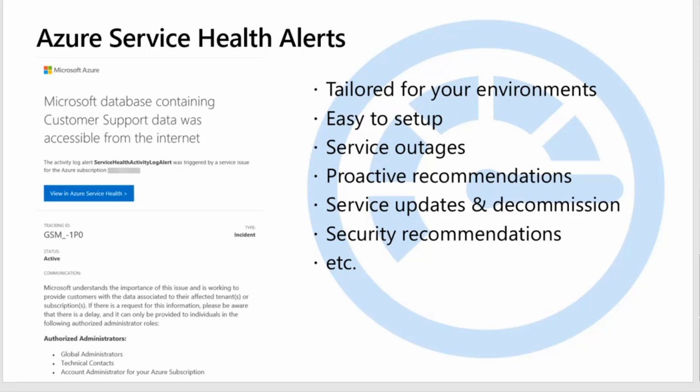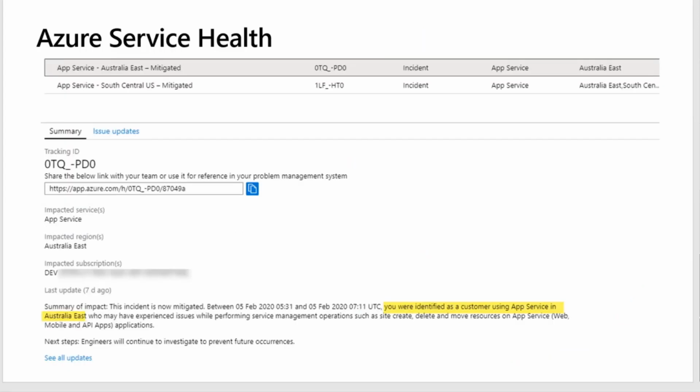So Service Health is an out-of-the-box capability. If you configure it in the portal, it literally takes just a few clicks to enable. It's tailored for your environment. For example, if you have resources deployed to a certain Azure region, and that region has issues, then you'll get an email alert similar to this one.